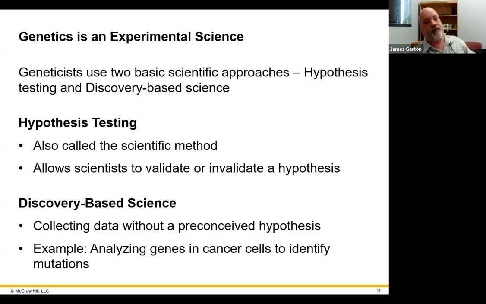And then genetics is considered to be an experimental science. And you might use hypothesis testing, which is use of the scientific method, or what they call discovery-based science. I happen to know, for example, the author of this textbook, Robert Brooker, is a genomicist. All he does is want to collect data about genomic structure in different organisms.